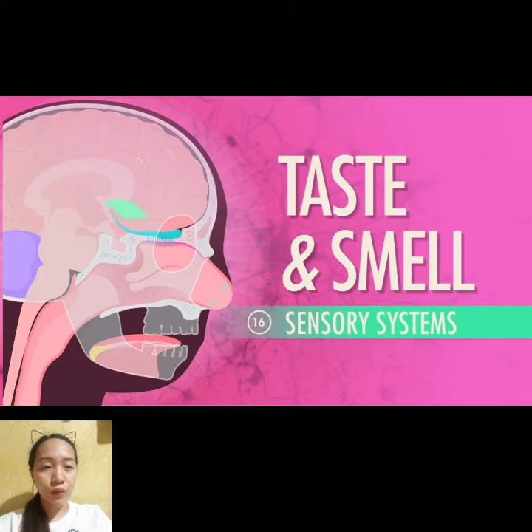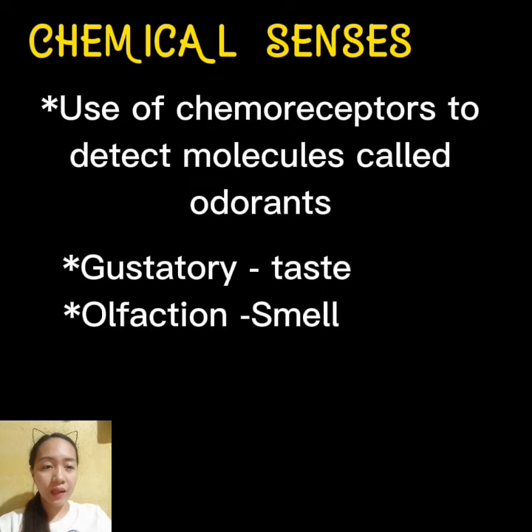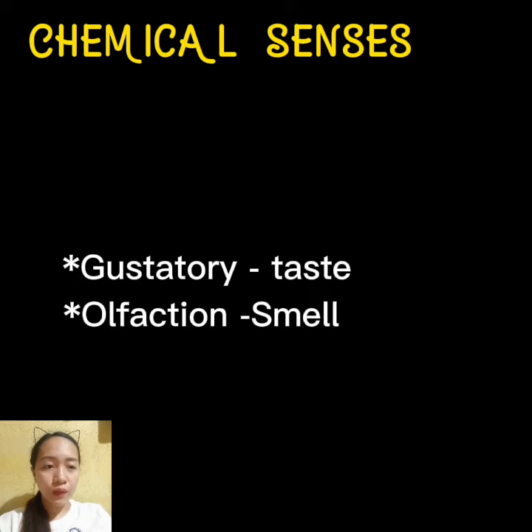So to begin with, we have here the chemical senses, which is the use of chemoreceptors to detect molecules called odorants. So we have the gustatory sense, which is the sense of taste, and the olfaction, which is the sense of smell.